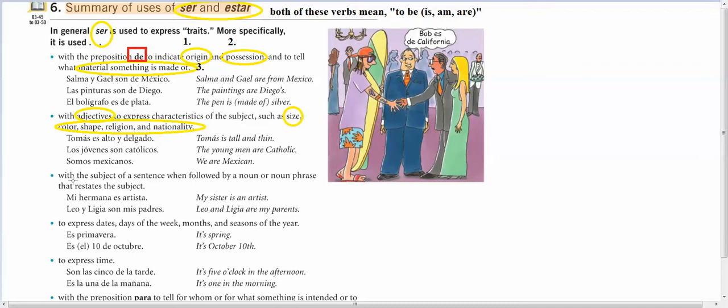Okay. With the subject of a sentence when followed by a noun or a noun phrase that restates the subject. So, mi hermana es artista. So if you're using a noun to describe another noun or pronoun, you're going to use ser.